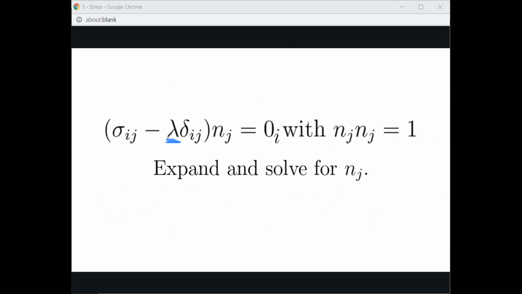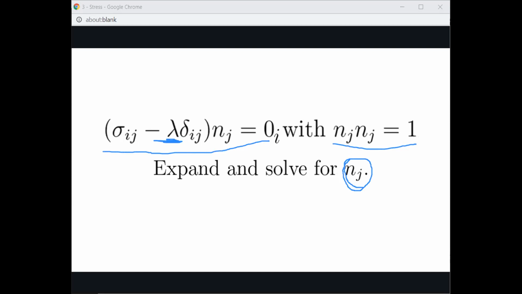So for each lambda, we have 3, right? For each lambda, you solve this equation and also solve this equation to get nj. So what does nj represent? It is the principal stress direction for this principal stress lambda.